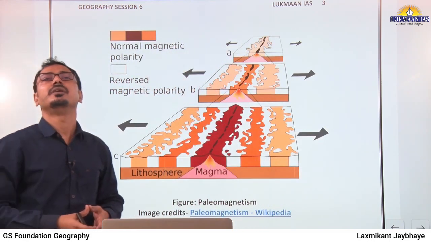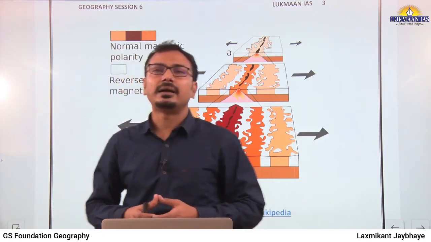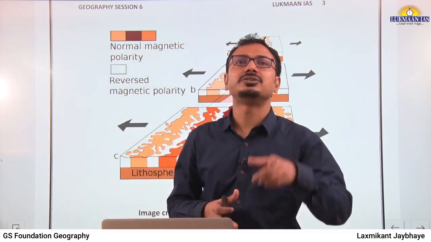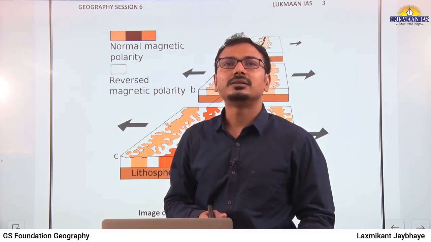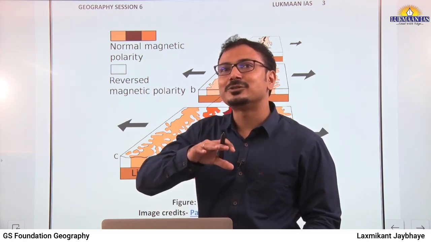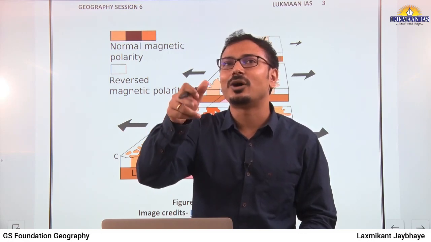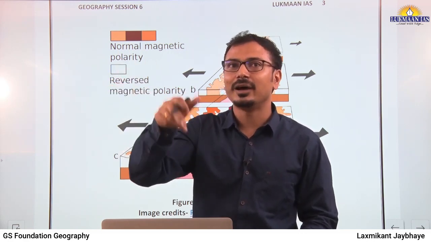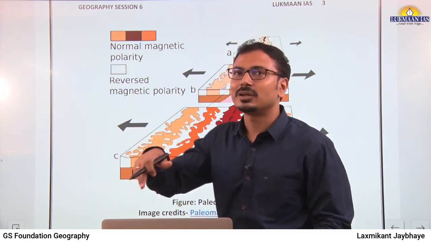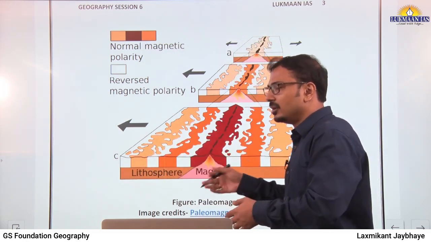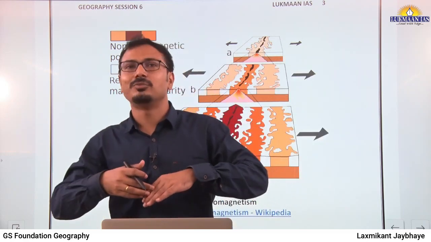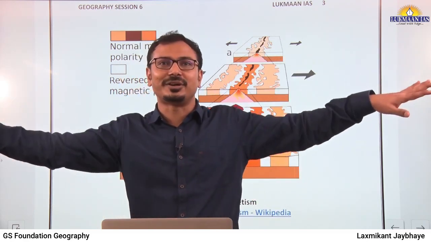Now, how did we understand that the crust that is formed is getting consumed? Because the rate of spreading of the floor is not as high as we expected. The new crust is being formed and it is getting separated. If that is happening, the ocean floors must be spreading at a very fast rate.